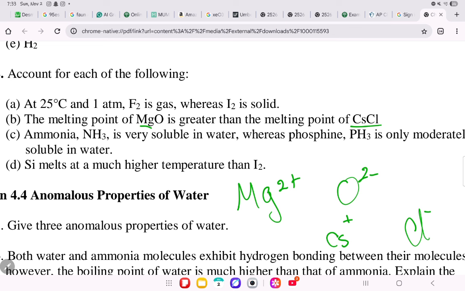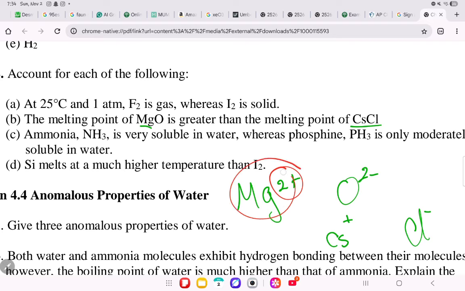For sure, the atomic radius of Mg is way smaller than the atomic radius of Cs, because Mg is in the 3rd period and Cs is in a much lower period. Now, what makes it even smaller is the fact that it's a 2+. The more electrons we take away, meaning the more positive it becomes, the smaller the atomic radius. So this is already really small.